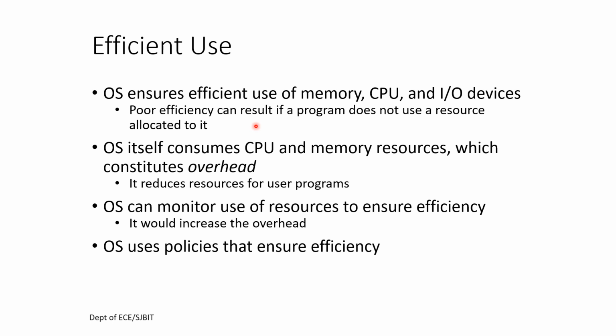That means a resource not used by the program it is allocated to may be needed by other programs, but that program is idle and the resource is also idle, not in use. So that particular resource is not used efficiently. So the OS must ensure the efficient use of resources like memory, CPU, and I/O devices, like disk and printer.